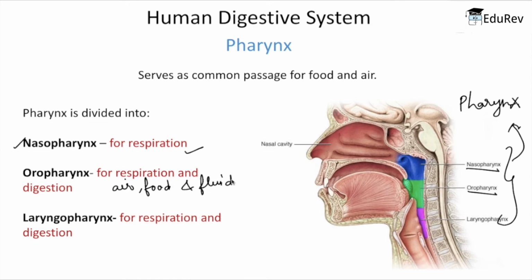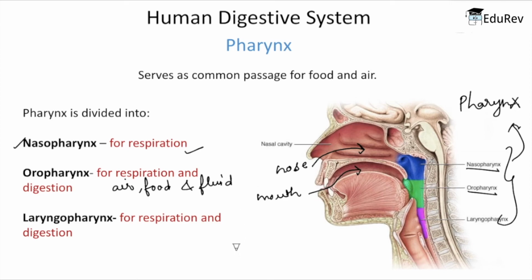As you can see in this diagram, the passage of air is through the nasal cavity here, and the passage of food is through our mouth just from here. This is the nose and this is the mouth. The opening of mouth and nose is both through the oropharynx, the middle part of our pharynx.